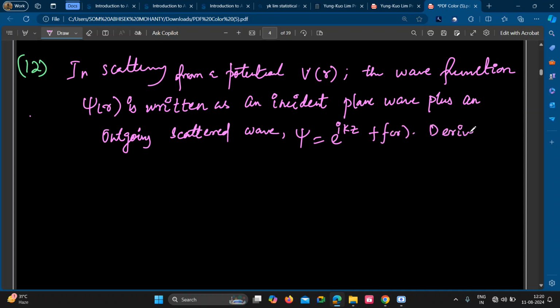Derive a differential equation for f of r in the first Born approximation.